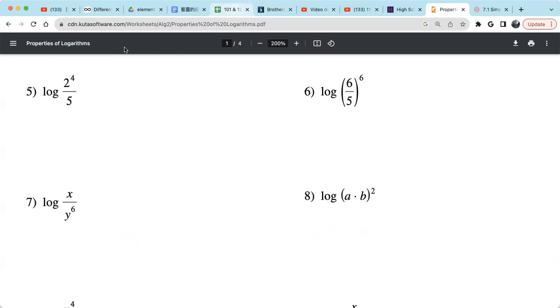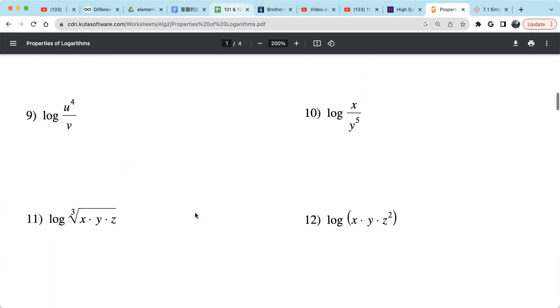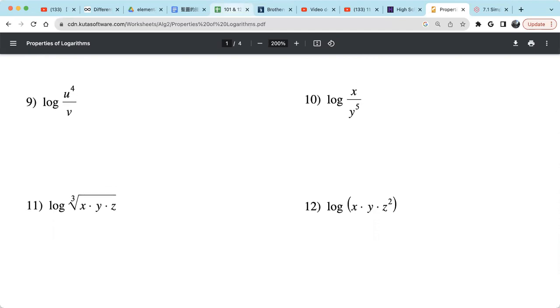Let's keep moving. Okay, so this we have a little bit more. So first I see a quotient, right? So I'm going to split log u to the fourth minus log v. But the 4 is the exponent of u, so I'm going to pull the 4 up front.